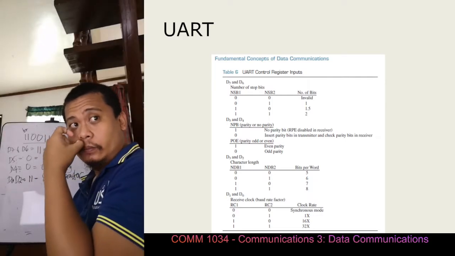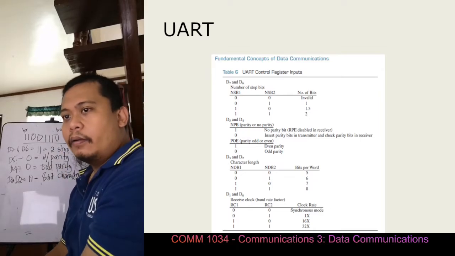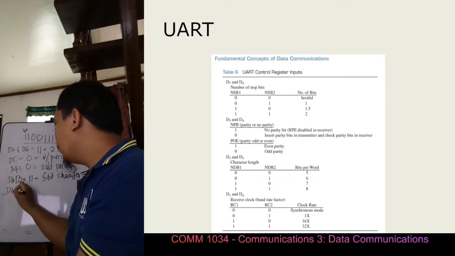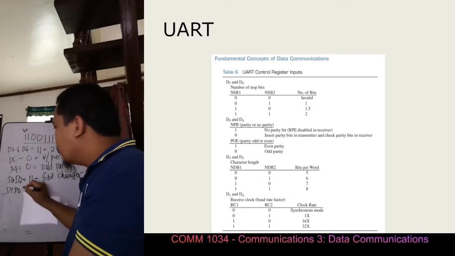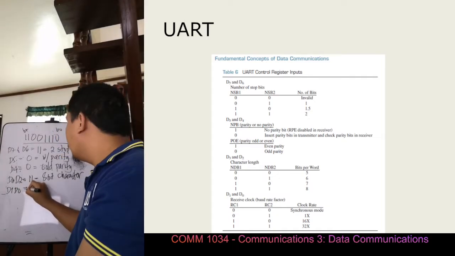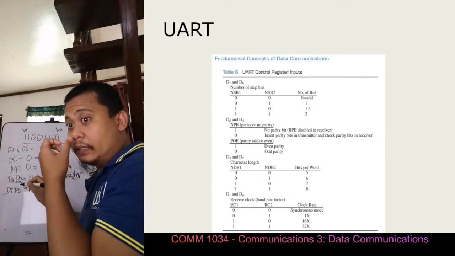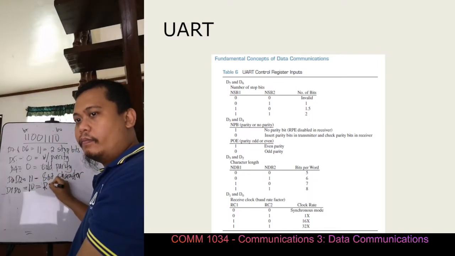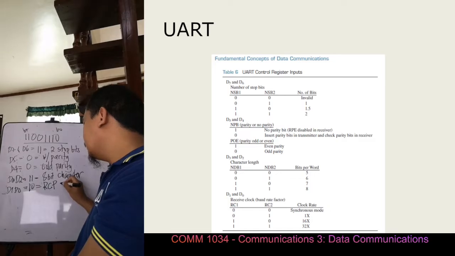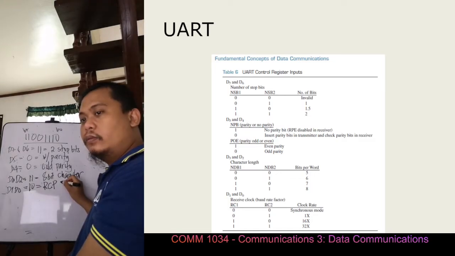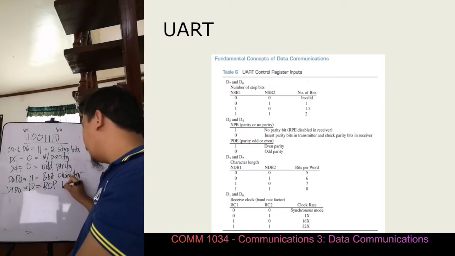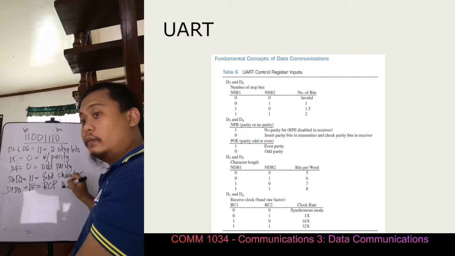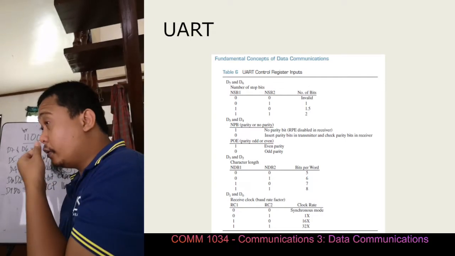Then, next, we have D1 and D0 is equal to 1, 0. So, ibig sabihin, receive clock natin, RCP, receive clock pulse, is equal to 16 times. Okay, 16 times yung RCP natin.